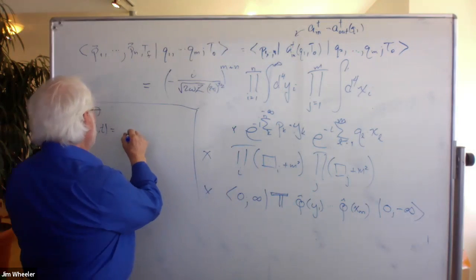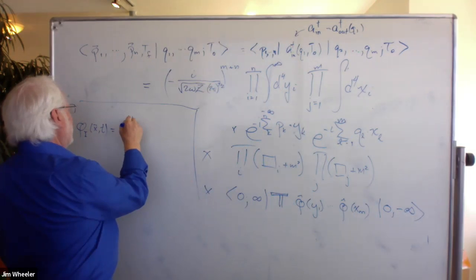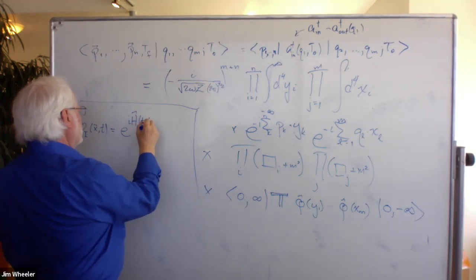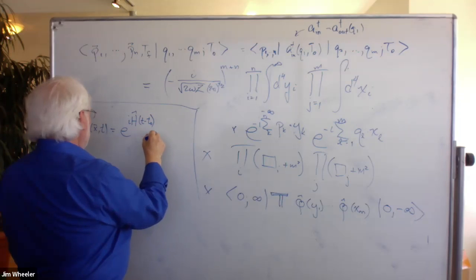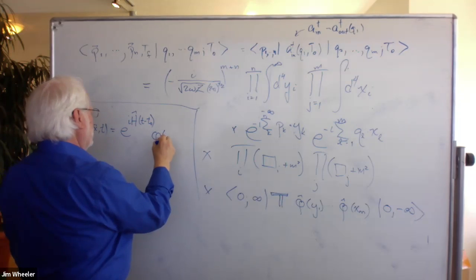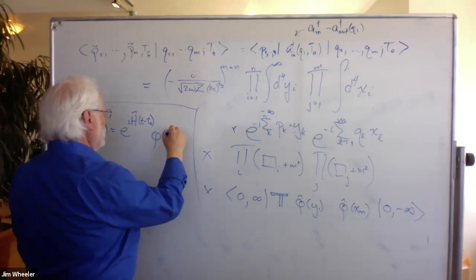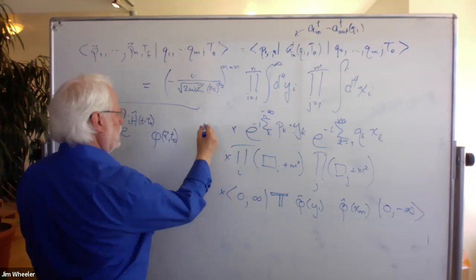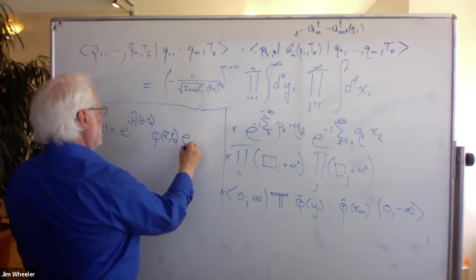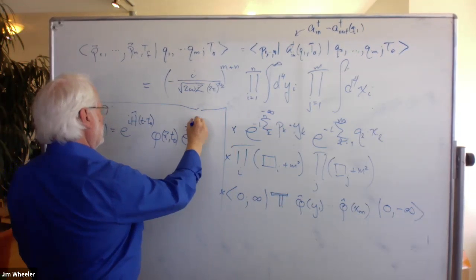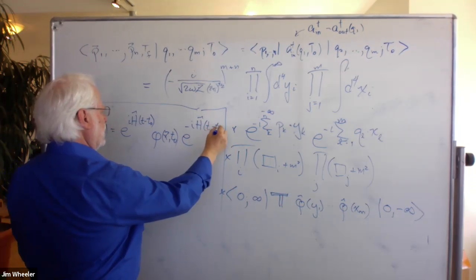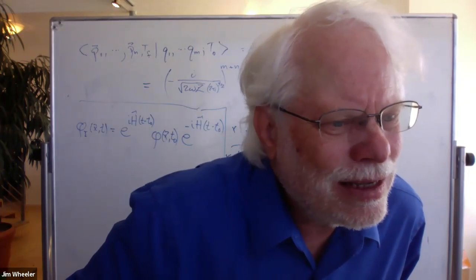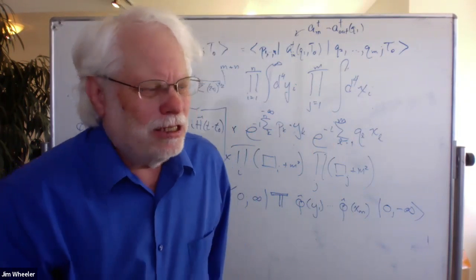If we take the field and we sandwich e to the i Hamiltonian times say t minus t naught on the field at x and t naught, and I'm already violating my boundaries here, times e to the minus i Hamiltonian t minus t naught. Let me check my signs and things here. Yeah, we're good.